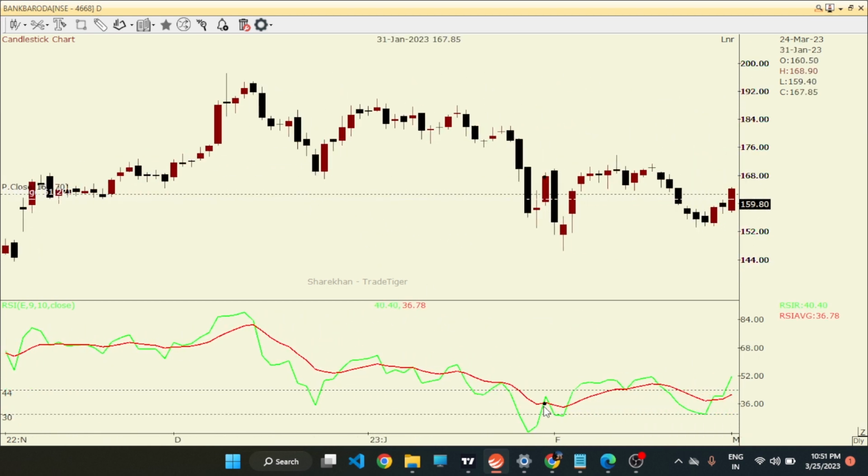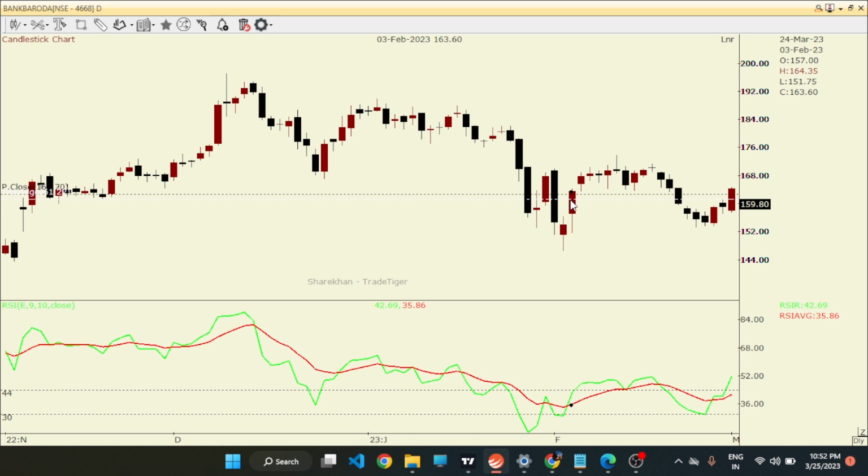Here we got one entry at this candle. Candle closing was at 167 and low was 159, a 10 point SL, and it hit our SL the next day itself.